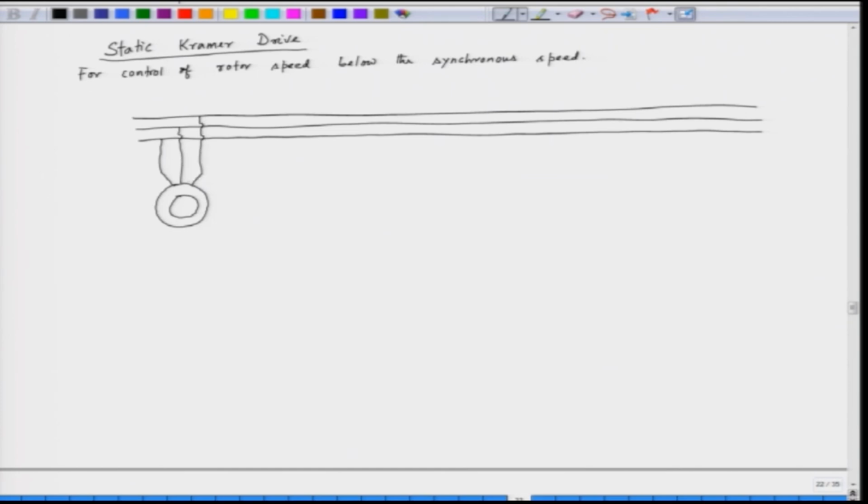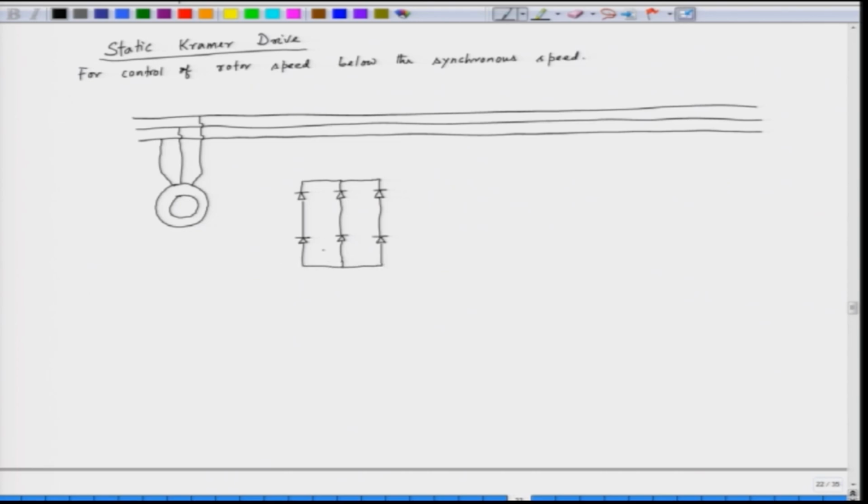And we have the rotor fed to an uncontrolled rectifier. So, we have an uncontrolled rectifier bridge, a 3-phase bridge here, which is connected to the rotor through the slip ring.